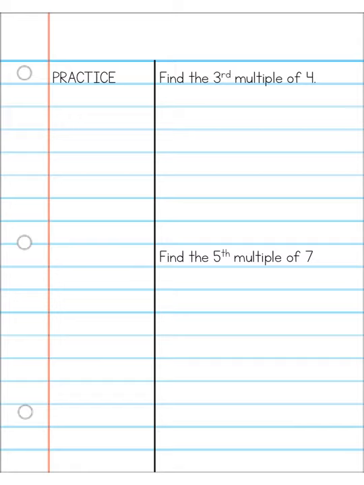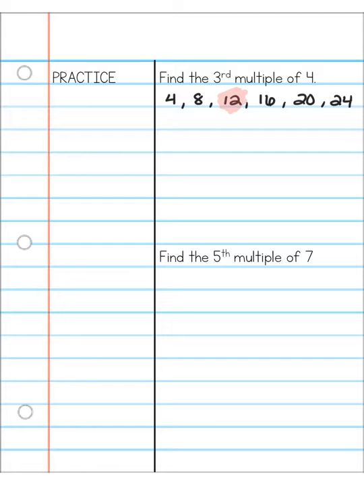These practice questions look a little different. It's asking me to find the third multiple of 4. So I can either start with 4 and skip count 4, 8, 12, 16, 20, 24, and look for the third number on my list.